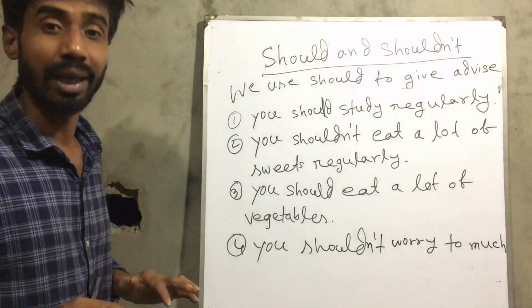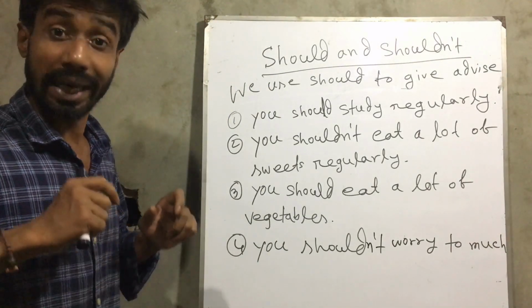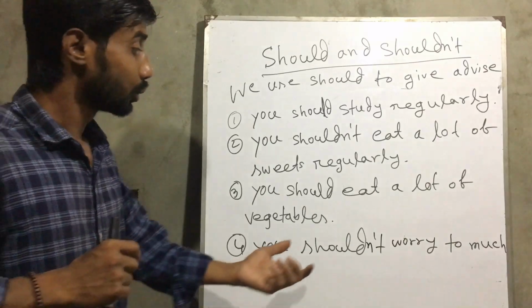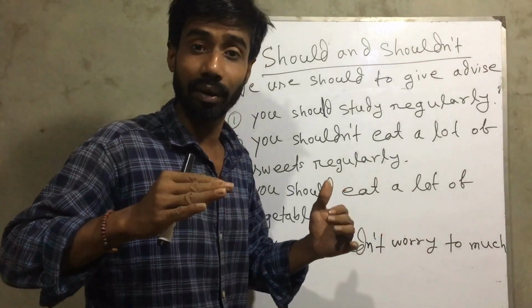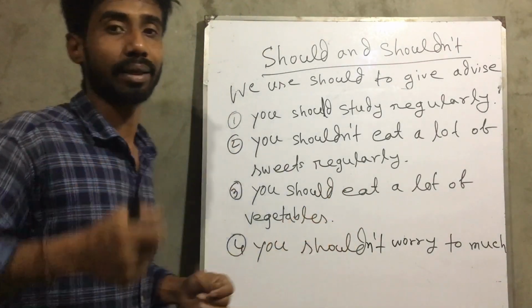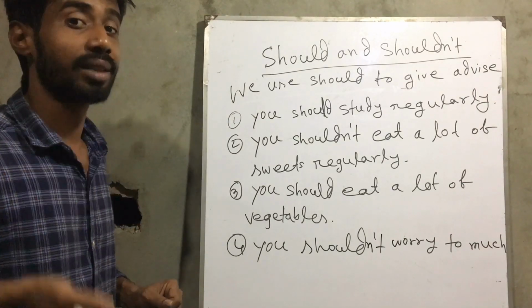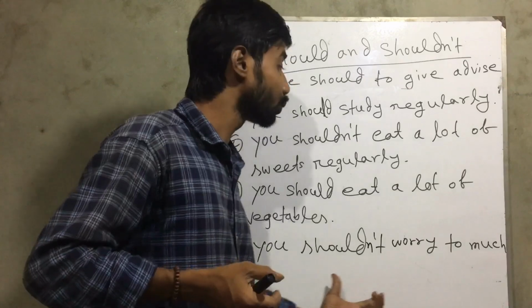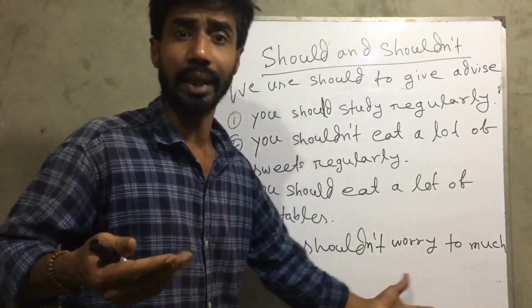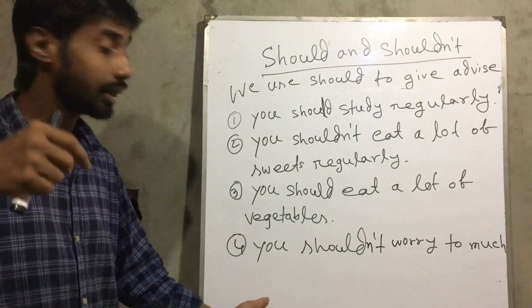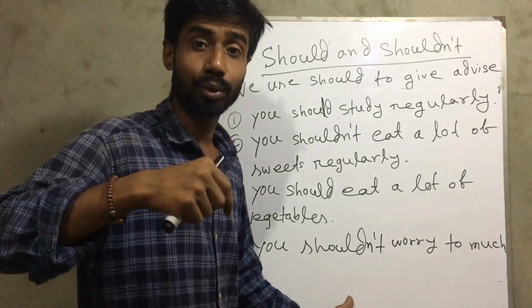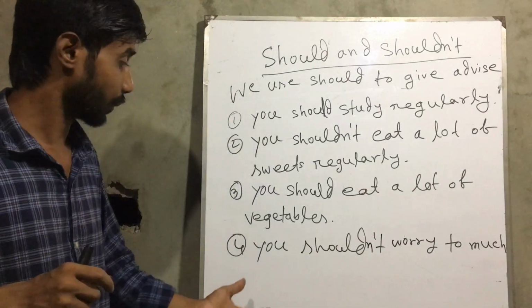This means it is not necessary to think about a particular subject or a particular topic so much. Because, I am again saying, you shouldn't worry too much. This is also an advisory sentence.